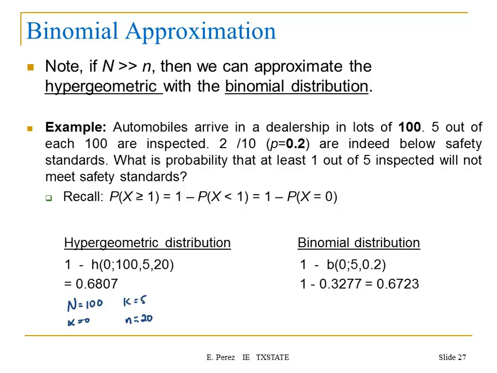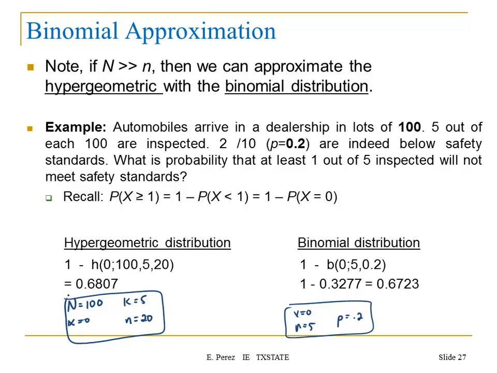So you can compute that probability using the hypergeometric, using those parameters. And you can also get the same probability by stating that as a binomial. So remember, for binomial, we also use x equals 0, n equals 5, p equals 0.2. So there are some cases in which you can use a binomial to approximate the hypergeometric. Okay?